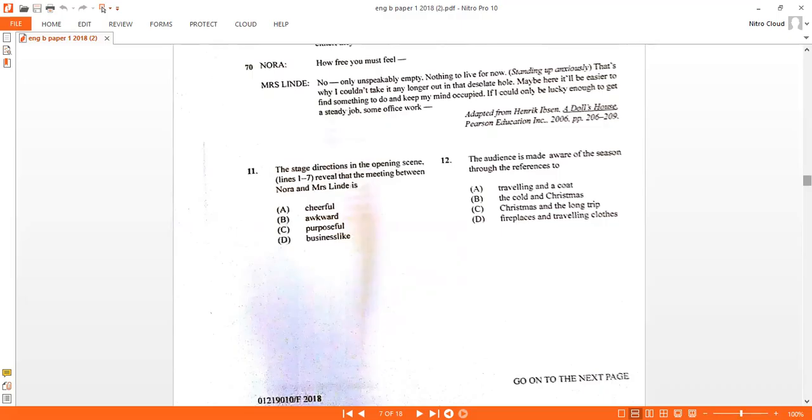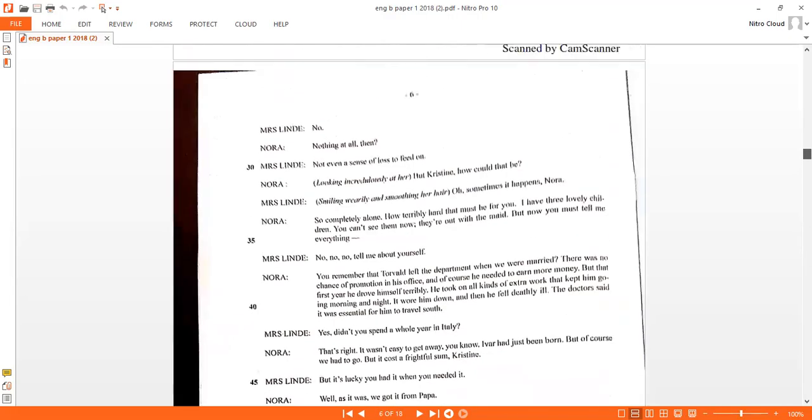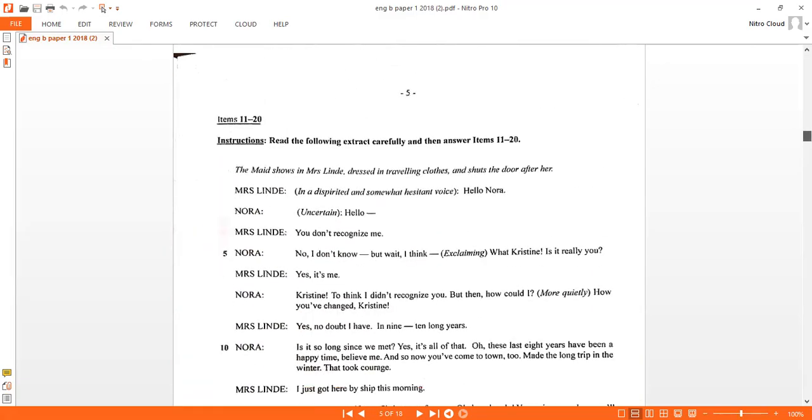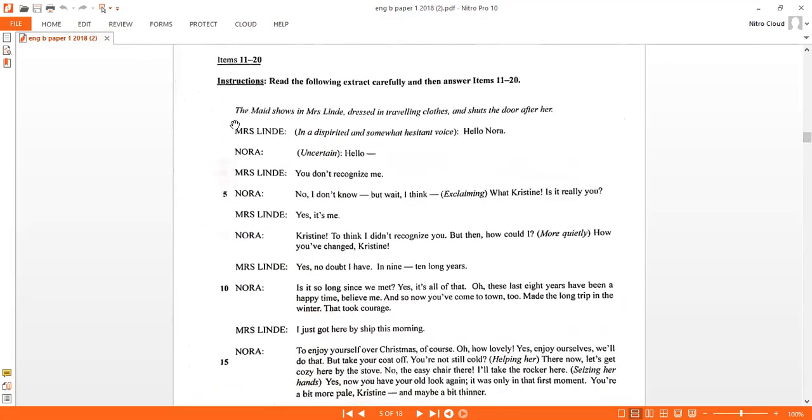So let's jump to lines 1 to 7. It says, the maid shows in Mrs. Linde dressed in her traveling clothes and shuts the door. In a dispirited and somewhat hesitant voice, she says, hello, Nora. Nora is uncertain and she says, hello.